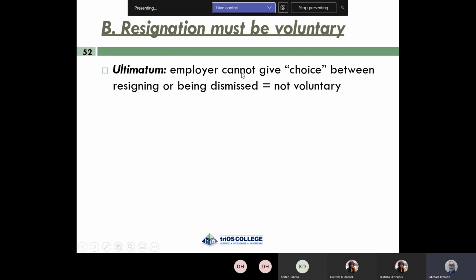So, ultimatum: in this case, the employer cannot give a choice between resigning or being dismissed, because that is not voluntary. This used to be something a lot of companies did in order to ensure you wouldn't sue them. You would actually get this ultimatum: if you don't leave, I will fire you.